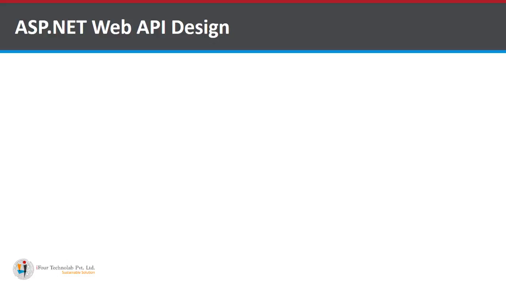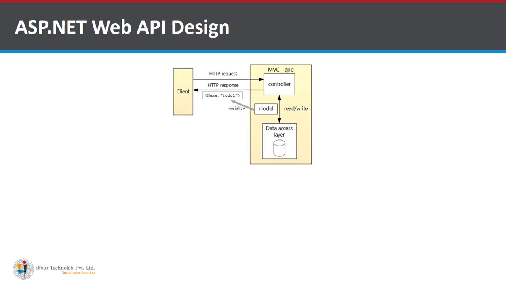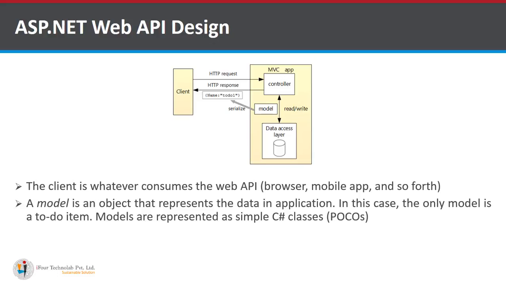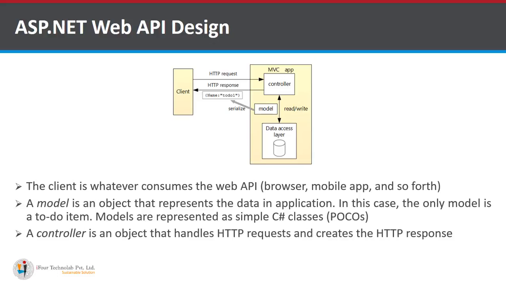ASP.NET Web API design. Here you can see the figure of an ASP.NET Web API design. There is communication between a client, controller and data access layer via HTTP request and HTTP response. Here the client is whatever consumes the Web API, like a browser, mobile app and so forth. The controller is an object that handles an HTTP request and creates an HTTP response.